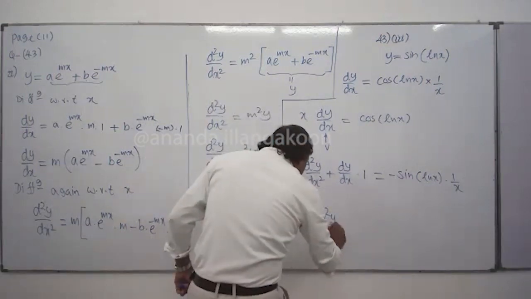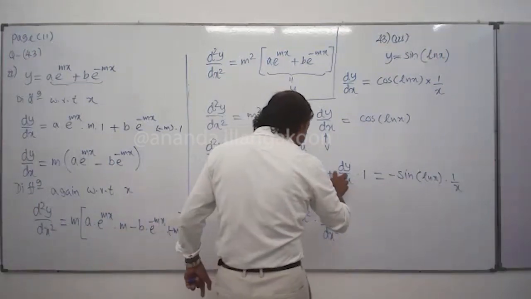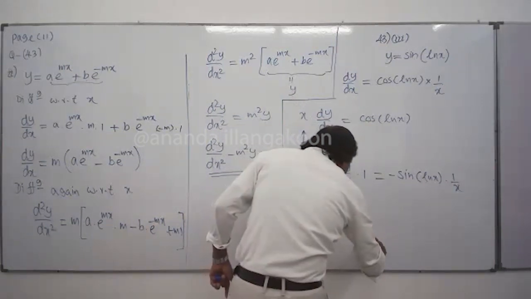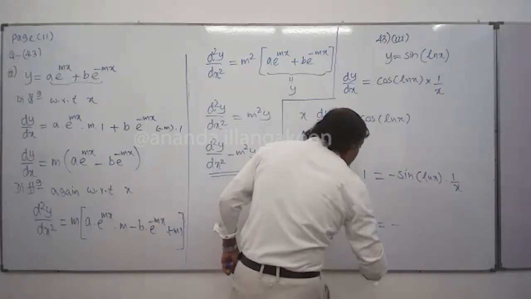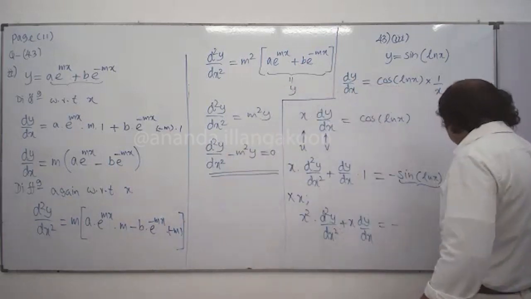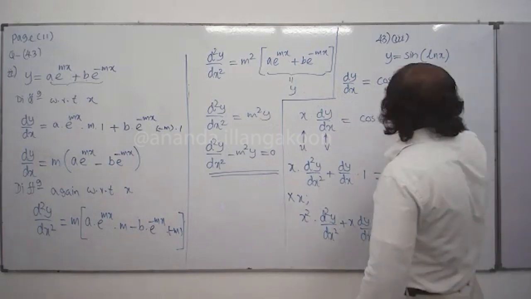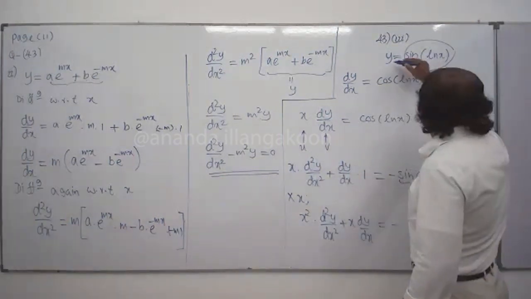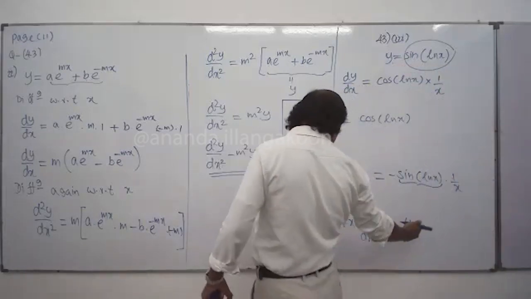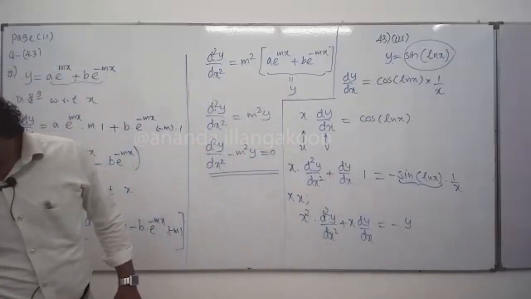d2y over dx2. Right, when we multiply this by x, we get x dy by dx is equal to, now on the right hand side, people, only this we have, no? Because this x will cancel off, no? By the multiplier. Sin ln x, here this is y. Put that y here. Now, once you bring this right hand side minus y to the left hand side, we get this answer, no?